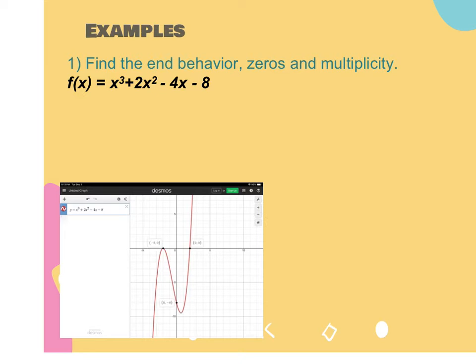So let's first describe our end behavior. Notice my polynomial is in descending order, so it's got the x to the third as the largest exponent. So this is an odd exponent, so my end behavior for an odd exponent is going to be falling to the left, but rising to the right.